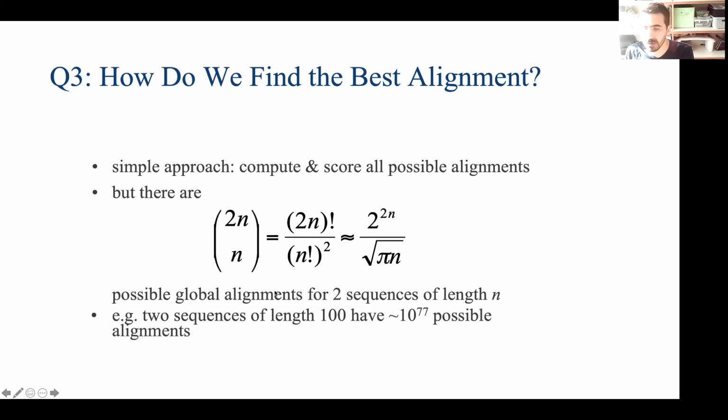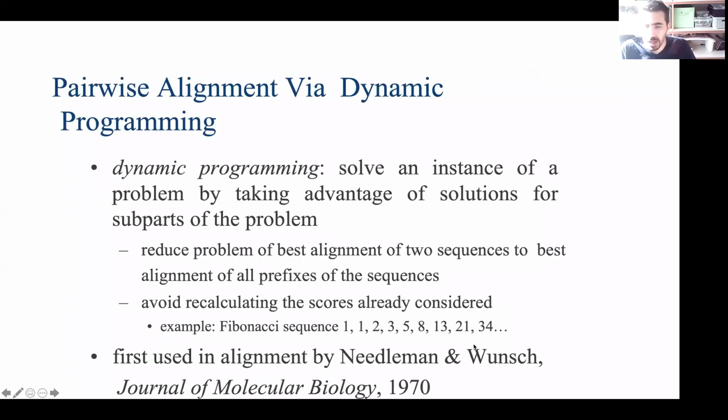If you have two sequences with a length of 100, the number of possible alignments is 10 to the power 77. This is a huge number, right? There is no way to calculate the scores of all these possible alignments. So now we have a problem. How do we get the most likely alignment across these possible alignments? This is the question.